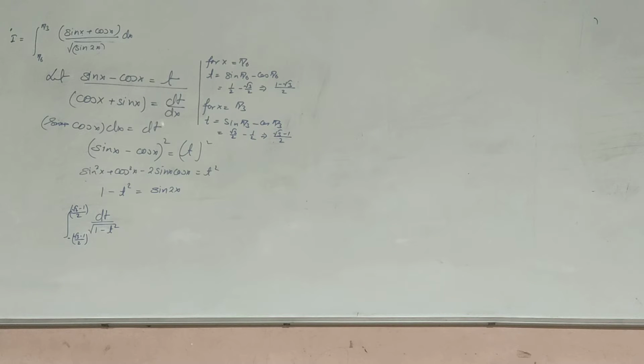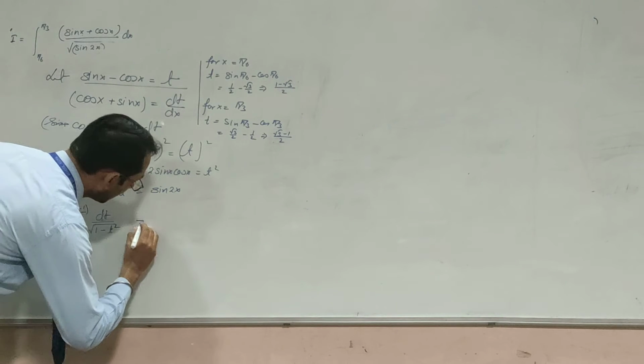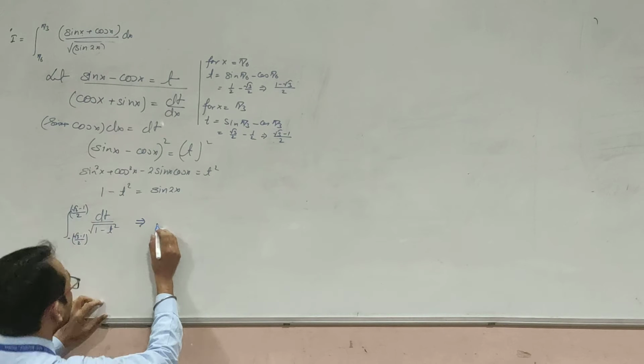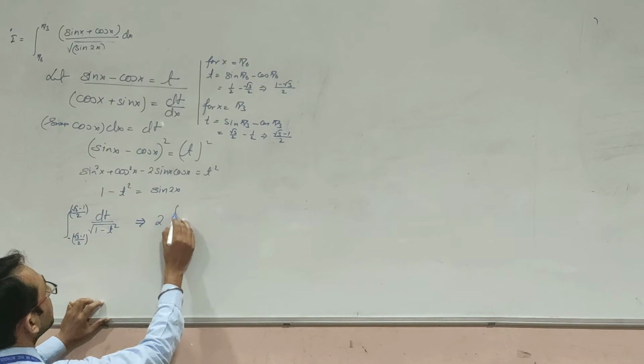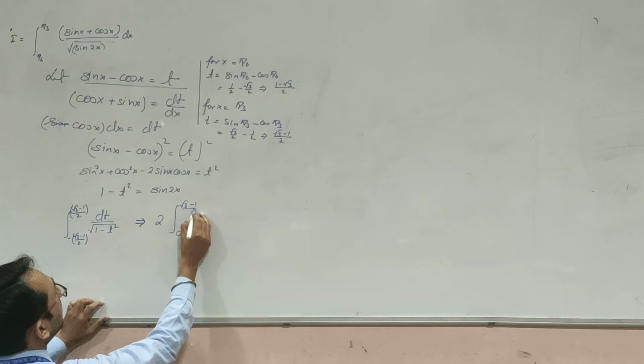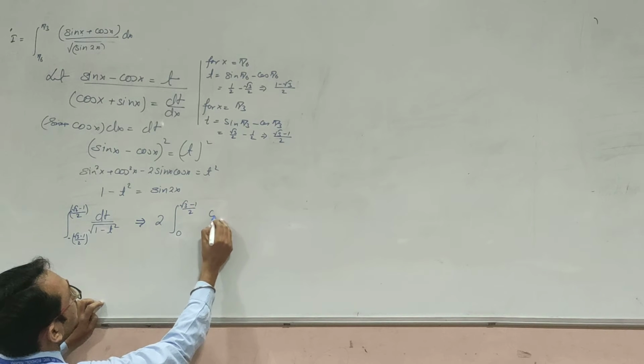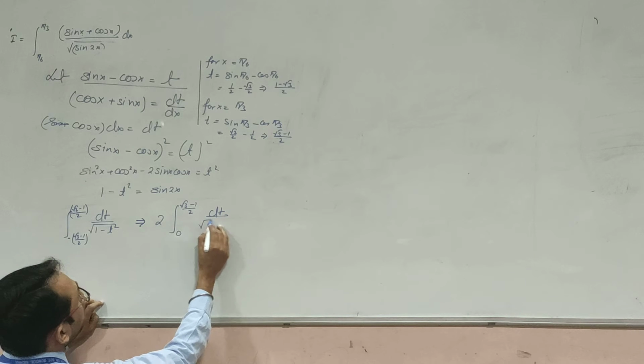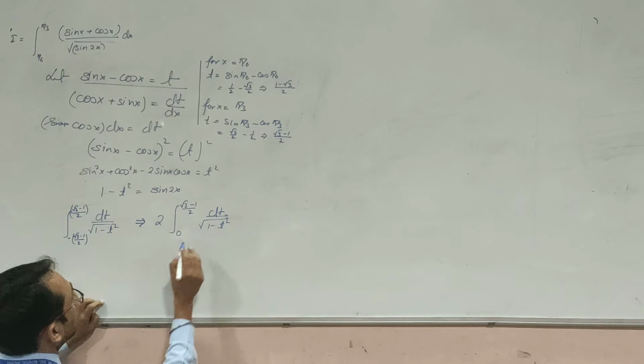One more property we can apply. What is this? Integral from minus a to a of f(x) dx. What is this property? It will become equal to 2 times the integral from 0 to root 3 minus 1 upon 2 of dt upon under root 1 minus t square.